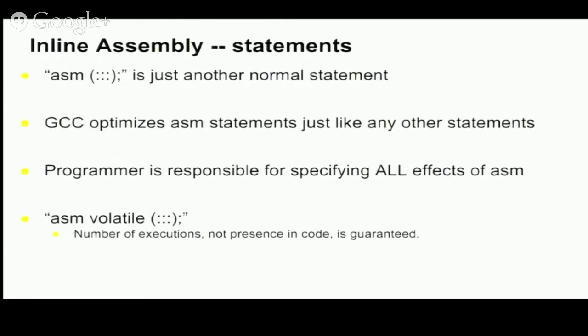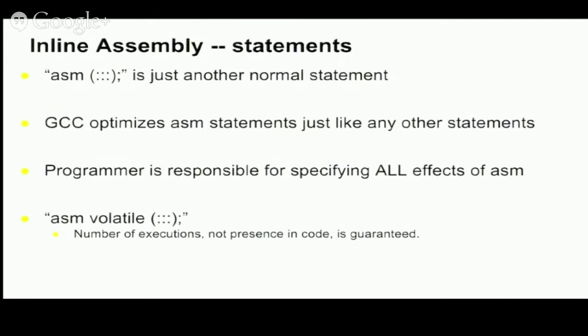Nothing more, nothing less. It optimizes code across assembly statements. It can optimize individual assembly statements. So if you have two assembly statements which are identical and which have exactly the same inputs and outputs, in theory, GCC can remove the second of them because it would be just a duplicate calculation.